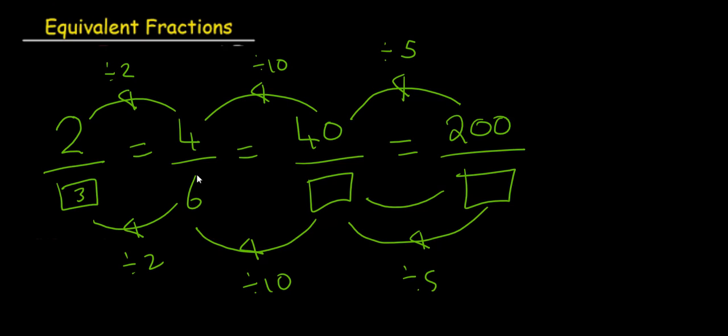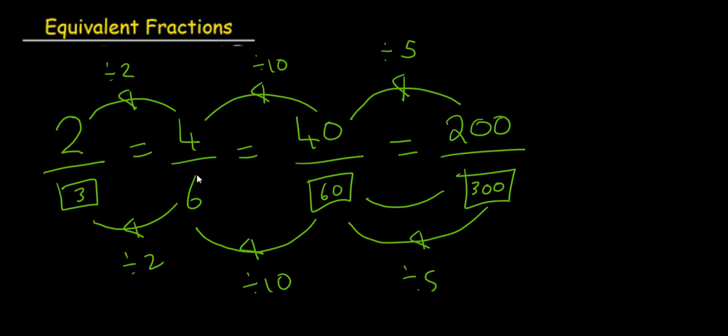Now we can use our inverse operation and say, well, 6 multiplied by 10 is 60, and 60 divided by 10 is 6. And the same here. 60 multiplied by 5 is 300, and 300 divided by 5 is 60.